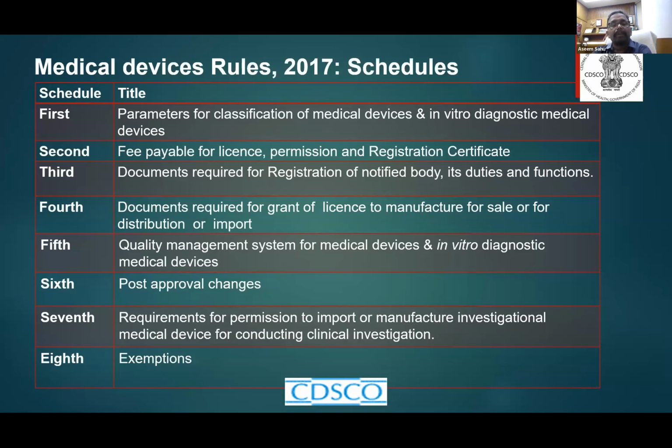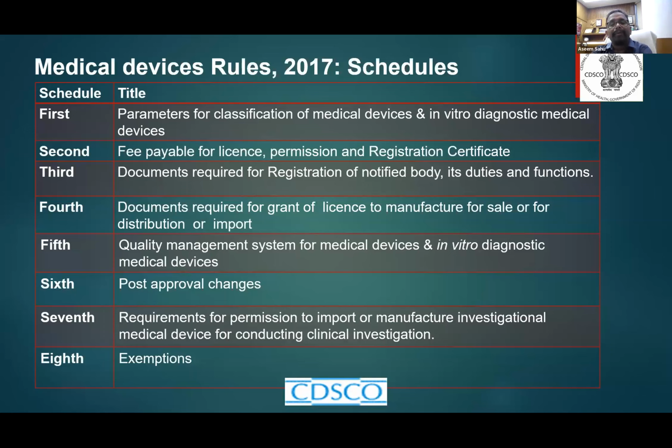It is in line with ISO 13485. The facility that is going to manufacture the medical device in the country should have the quality management system in its premises, and the requirement is prescribed. This quality management system is to be verified by the notified body for low risk, and by the Central Licensing Authority for high risk. The sixth schedule gives the details of post-approval changes, which changes are classified as minor and which are major.